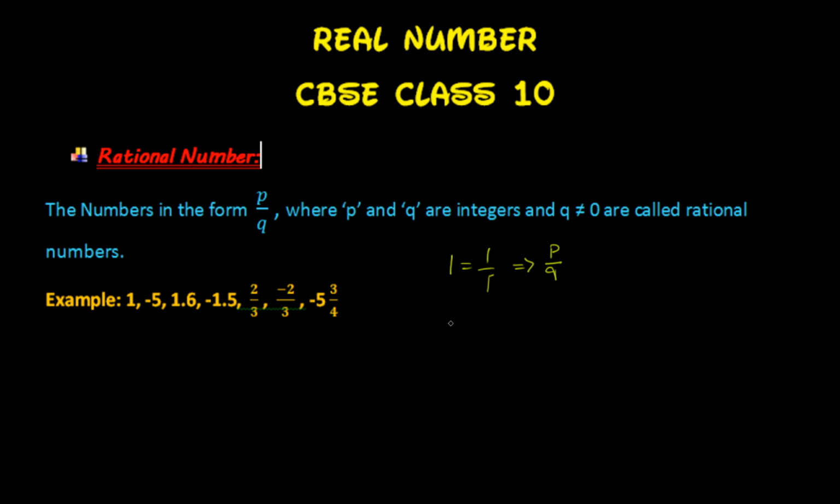Next, under these rational numbers we have two important observations. Observation one: these rational numbers can be of two different types.